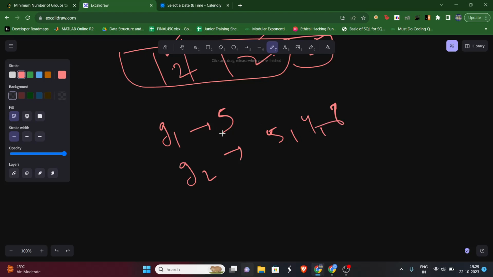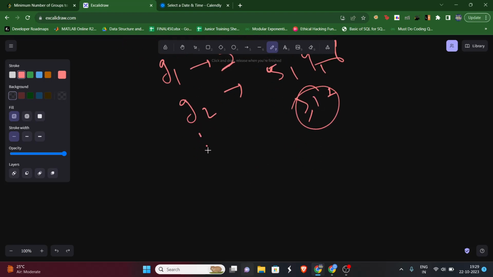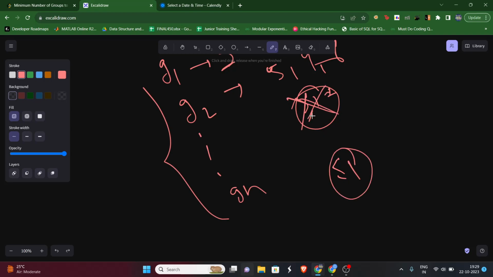The difference should not be greater than 1. If we have Gn groups, then for any pair, their difference should be less than or equal to 1, not greater than 1.